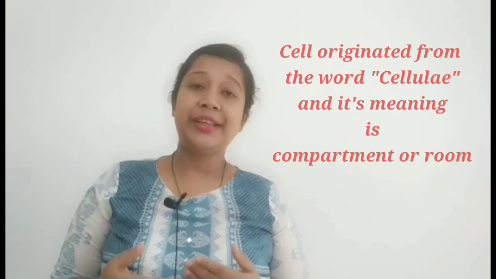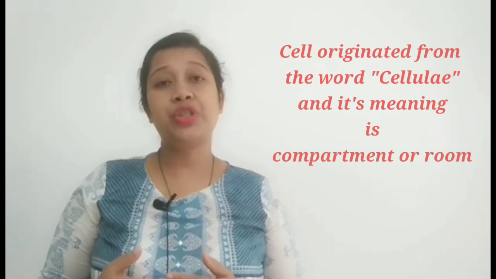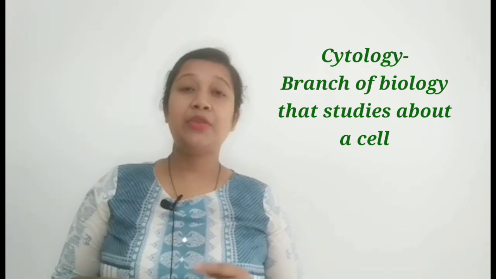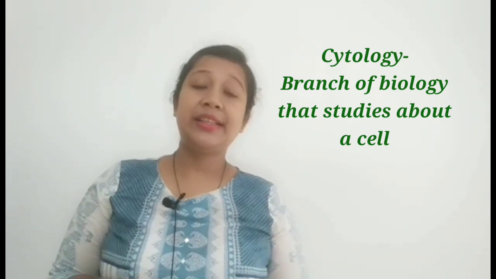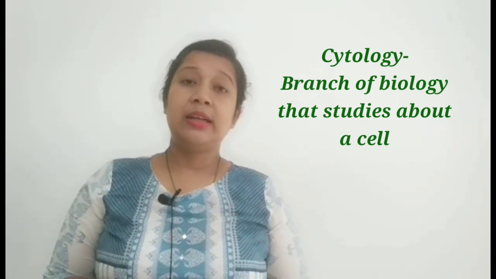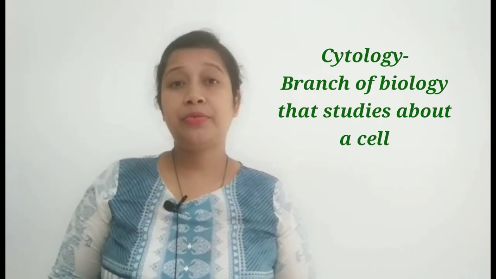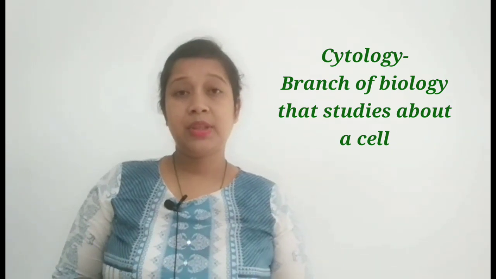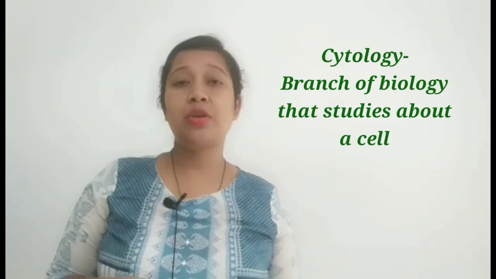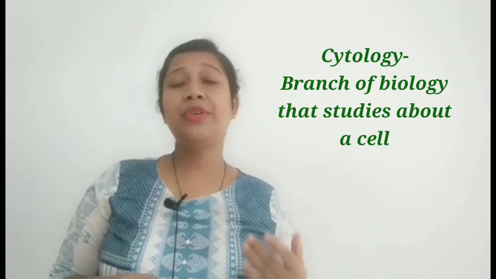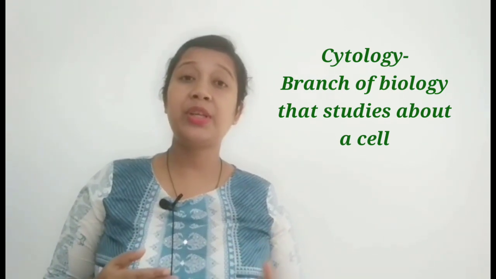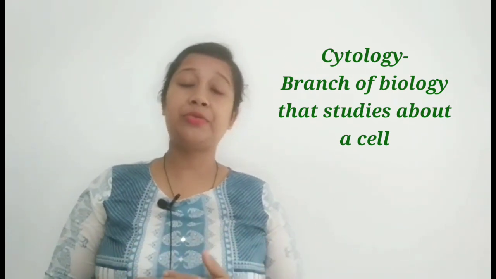And in that way came the branch of biology called cytology. Before the discovery of the cell, the taxonomists used to classify living organisms only on the basis of morphology and anatomical features.